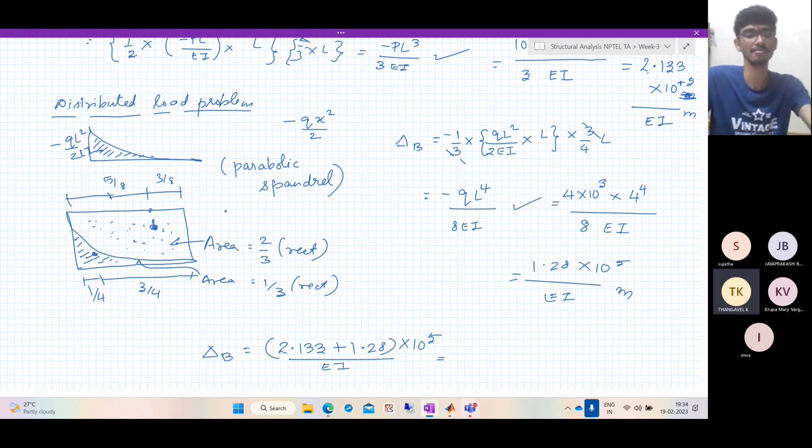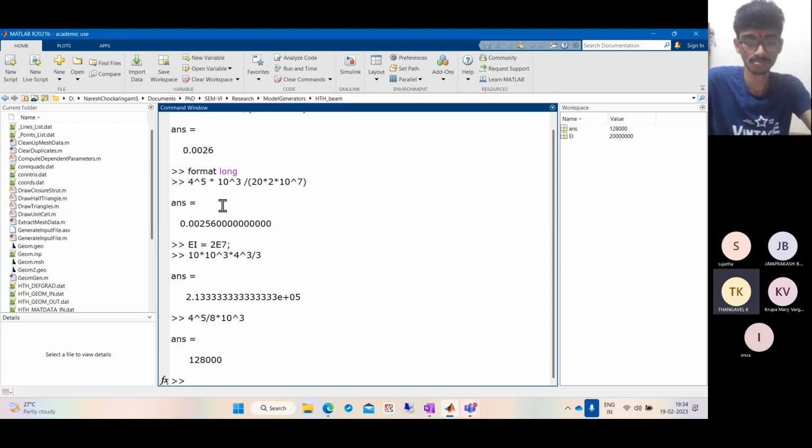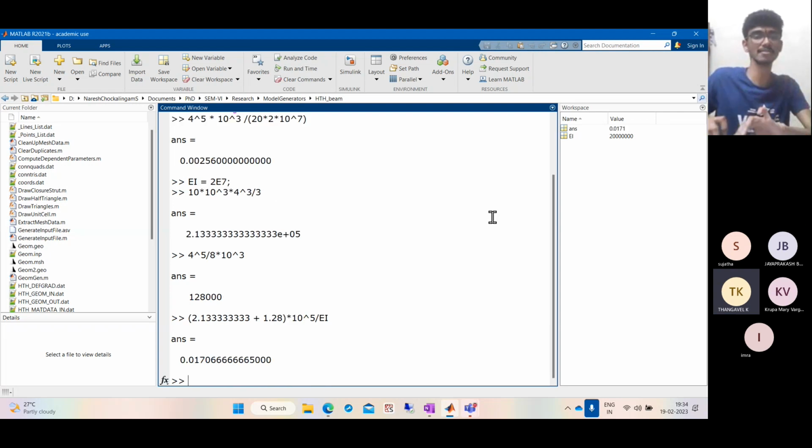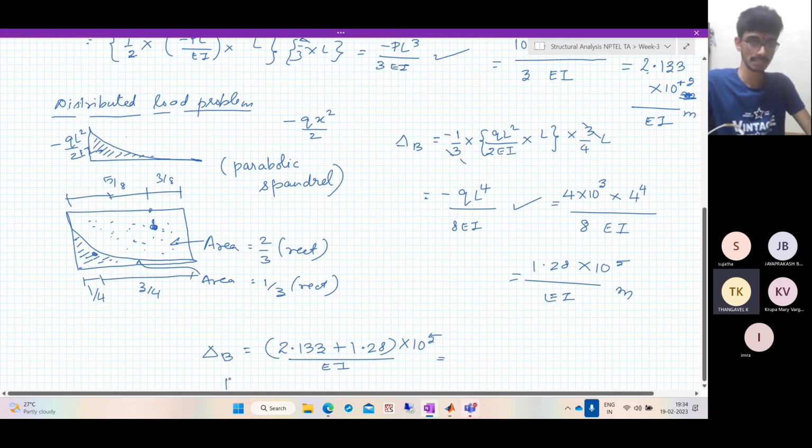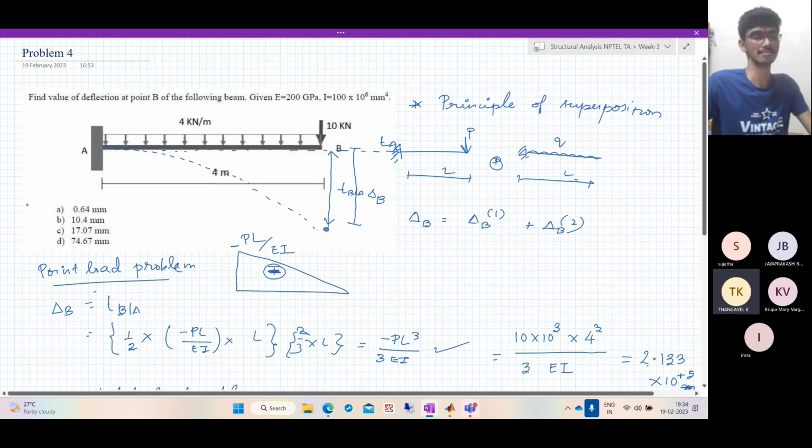Let us find what it is. 0.13333 plus 1.28 star 10 power 5 by EI. It turns out to be 17.067 mm. So that is this.